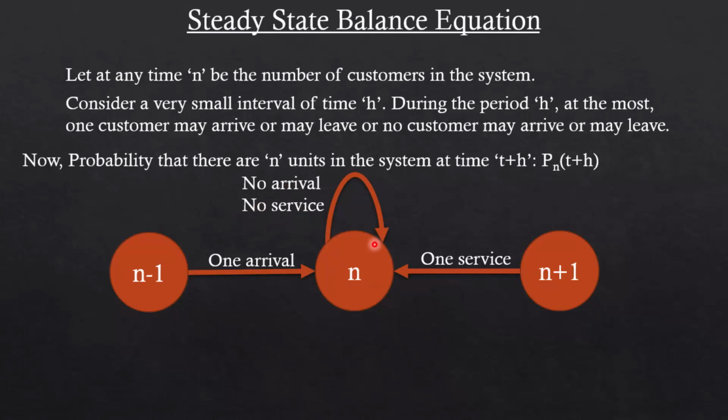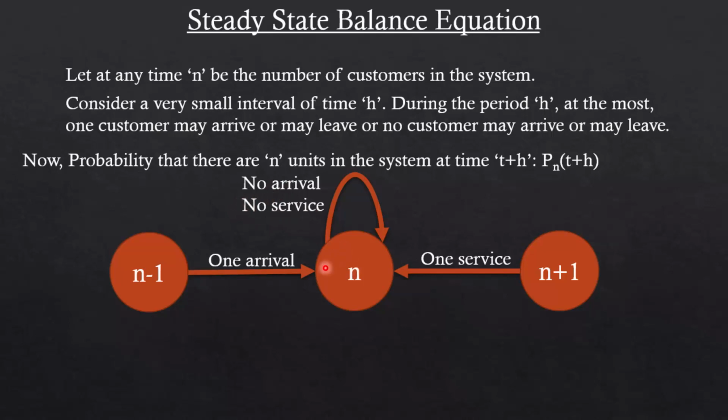So at time t we have n number of customers, and in a small interval of time we have no arrivals and no service, so that at time t plus h we still have n number of customers in the system. Now there is one more possibility, which is one arrival and one service.